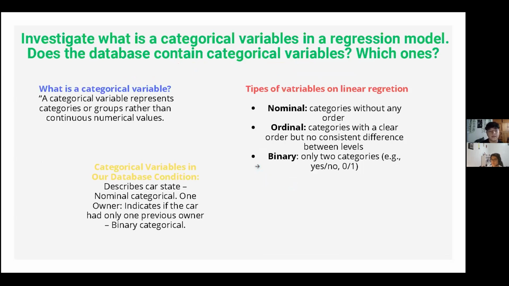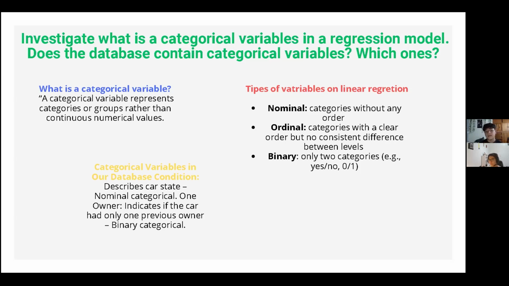In the investigation about point 83, a categorical variable in regression is a variable that represents categories or groups rather than continuous numerical values. We have three types: nominal, ordinal and binary.